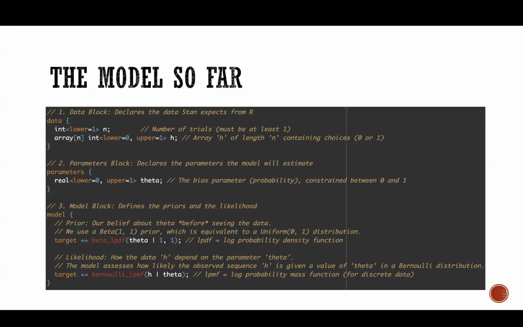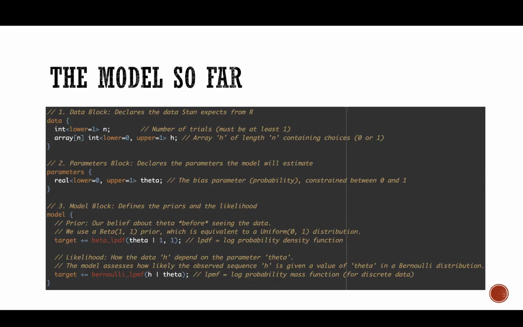And then we have the likelihood, which is saying that the choices of the agents are generated according to a Bernoulli function, which is a function that spits out 0 and 1s according to a rate. And we say that indeed, h is a function of theta, right?